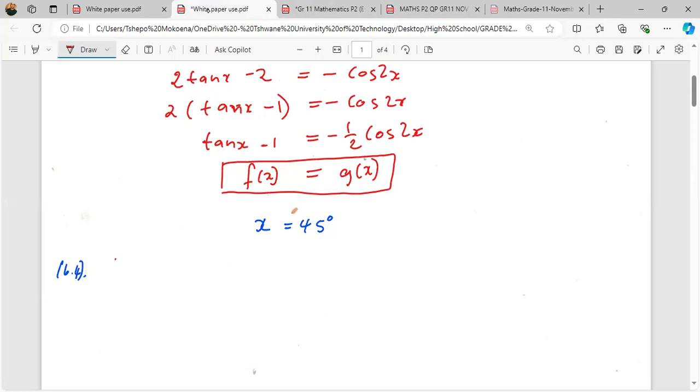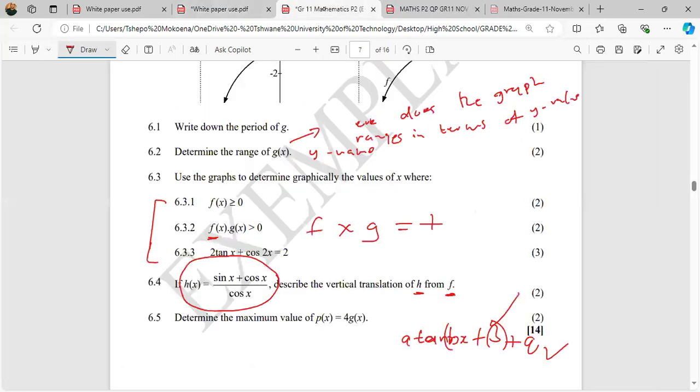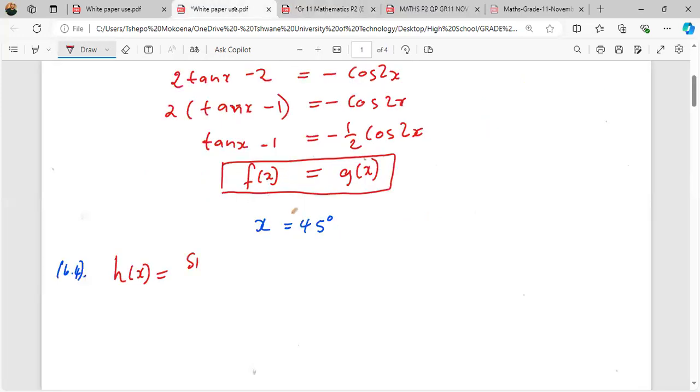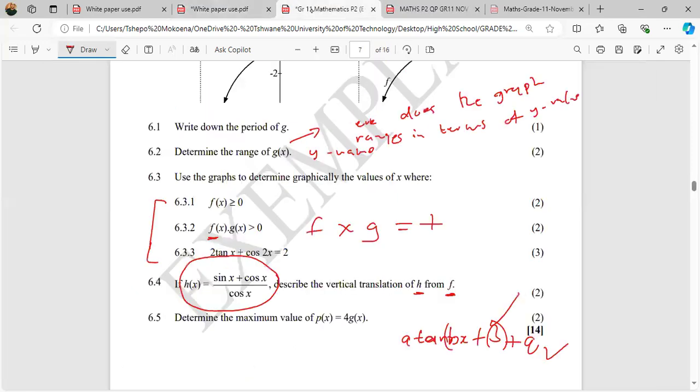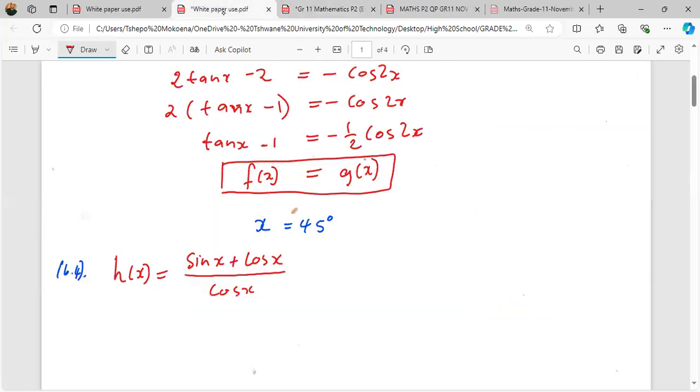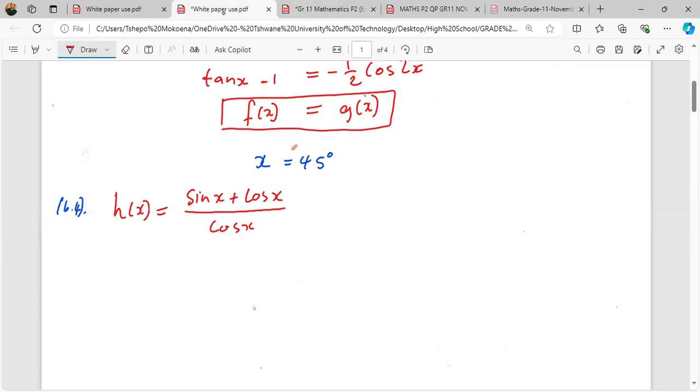Graph of h actually looks like this. And go back, it's sine x plus cos x over cos x. You don't see it as it is, but you can see it as you manipulate it. So when you manipulate this graph so that we can see the vertical translation, let's use our basics of mathematics, where we separate these two fractions.